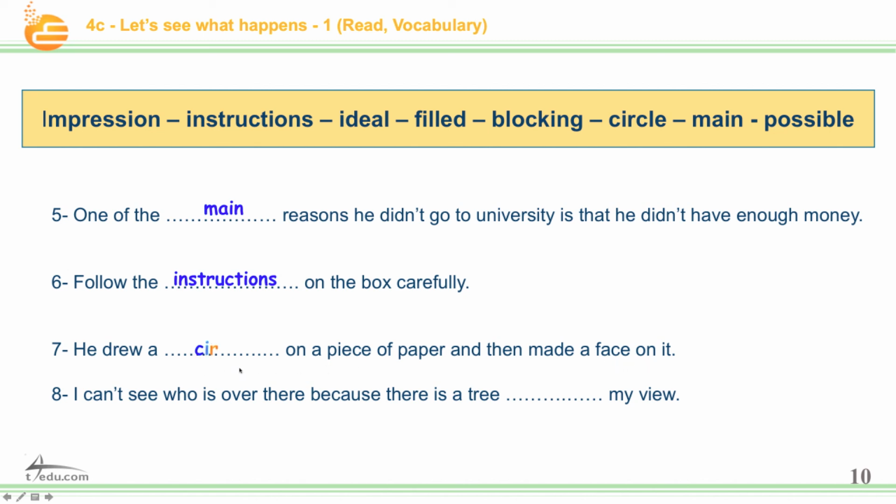He drew a circle on a piece of paper and then made a face on it. Number 8. I can't see who is over there because there is a tree, of course, blocking my view.